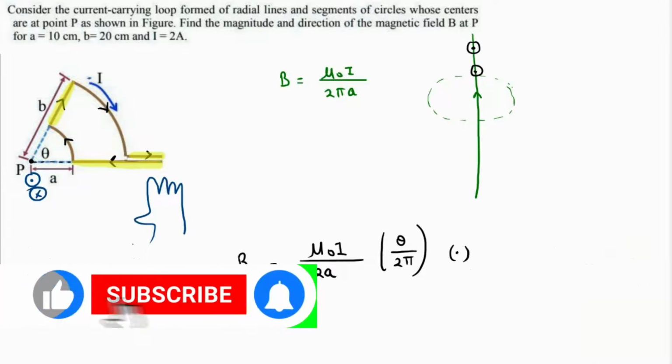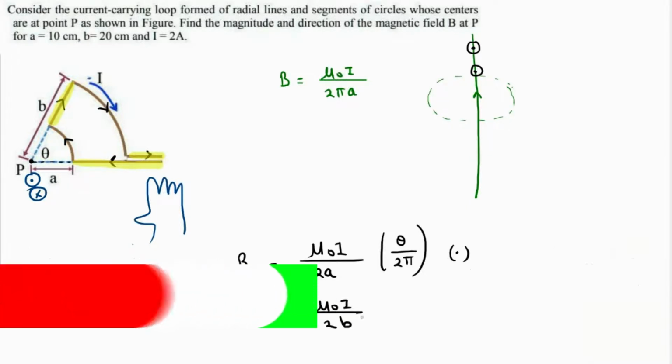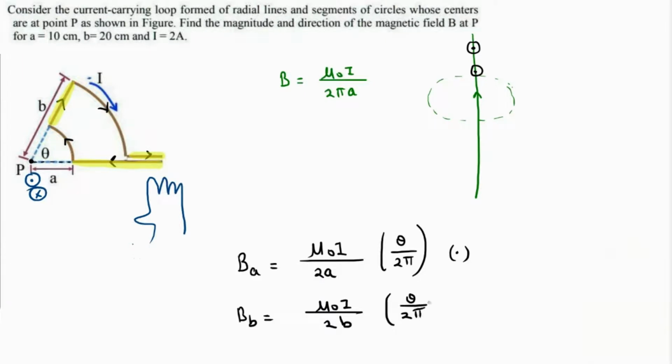And likewise, the magnetic field because of B is going to be mu naught I over 2 times B, times theta over 2 pi once again, which is into the page. Since B is greater than A, the denominator is more.